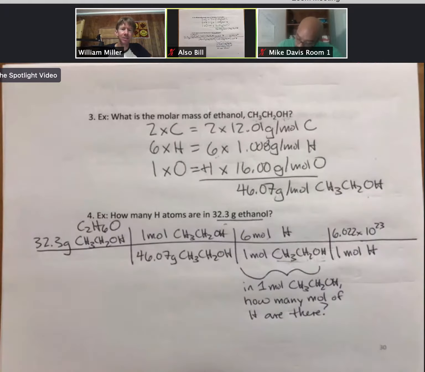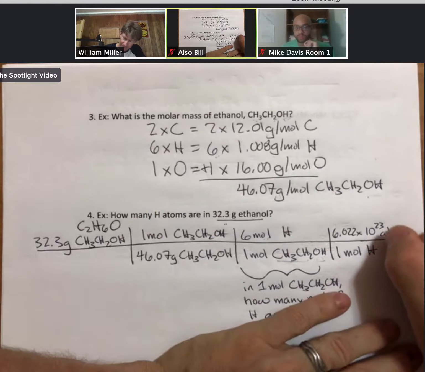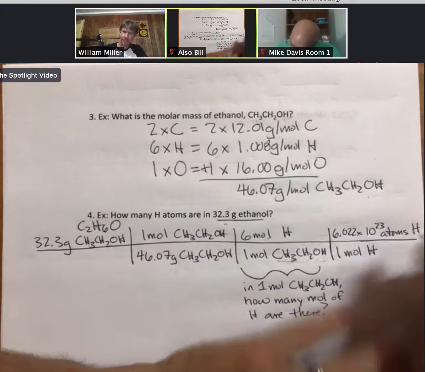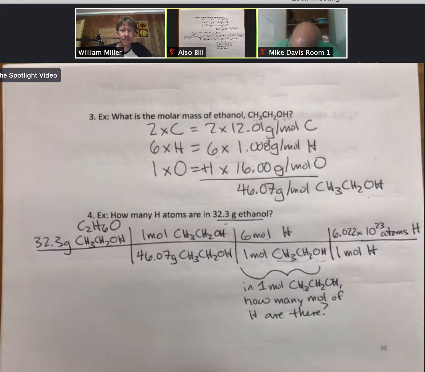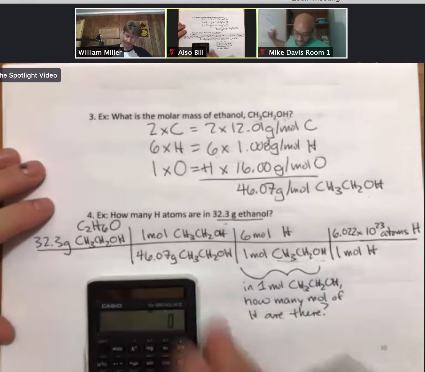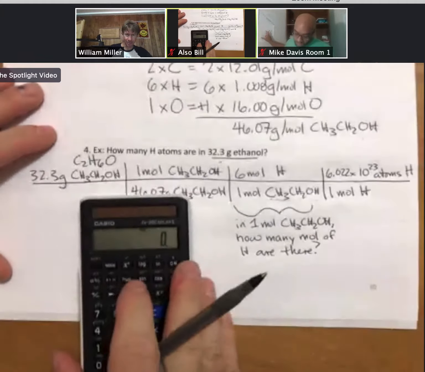In this particular case, since H is an atom, we will do atoms of hydrogen. So now we have 3 unit conversion factors. It's starting to look a little bit more like a picket fence or railroad tracks. Again, there are lots of ways to organize these unit conversion factors. This is just one.